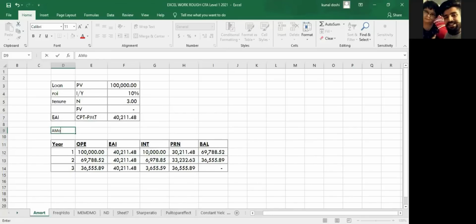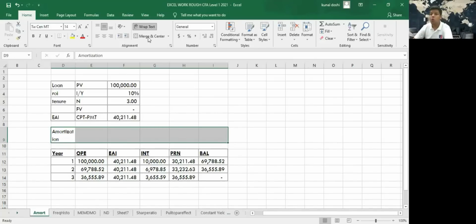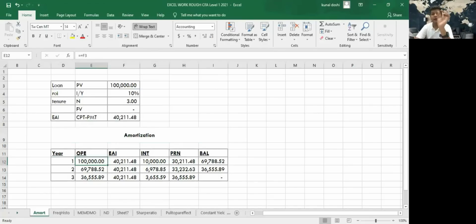Once we separate it, that schedule is called an amortization schedule. What is a loan amortization schedule? It is a schedule where you see the component of interest and principal in the installment.